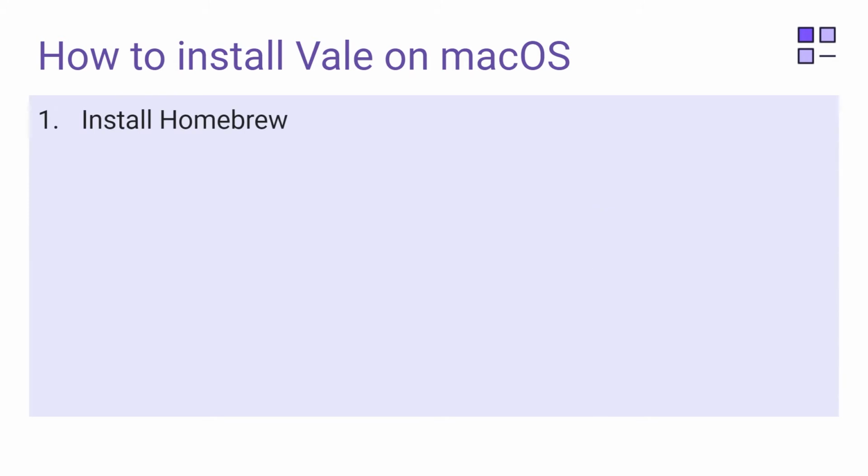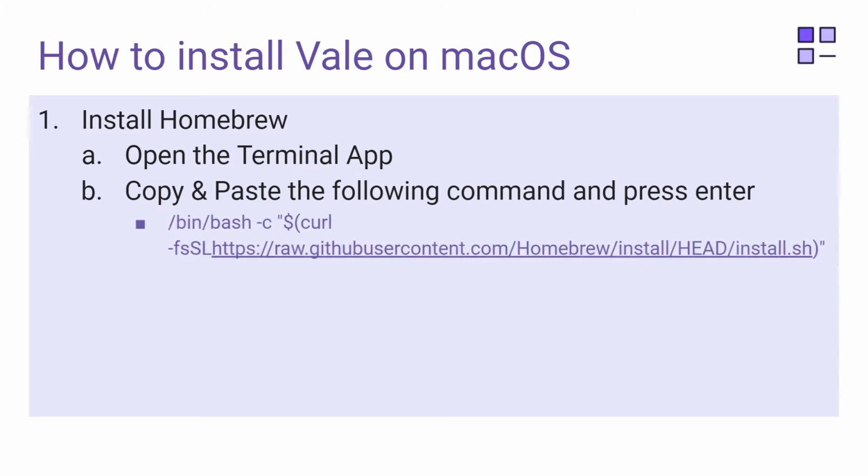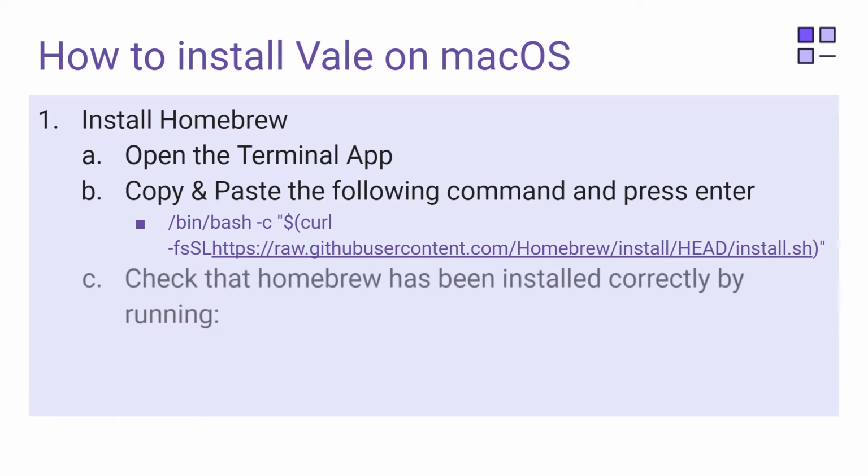In order to do that, you first open the terminal application and then copy and paste the following commands and press enter. After running that script, you can check that Homebrew has been installed correctly by running brew --version. And this should return the version number of your installation of Homebrew.